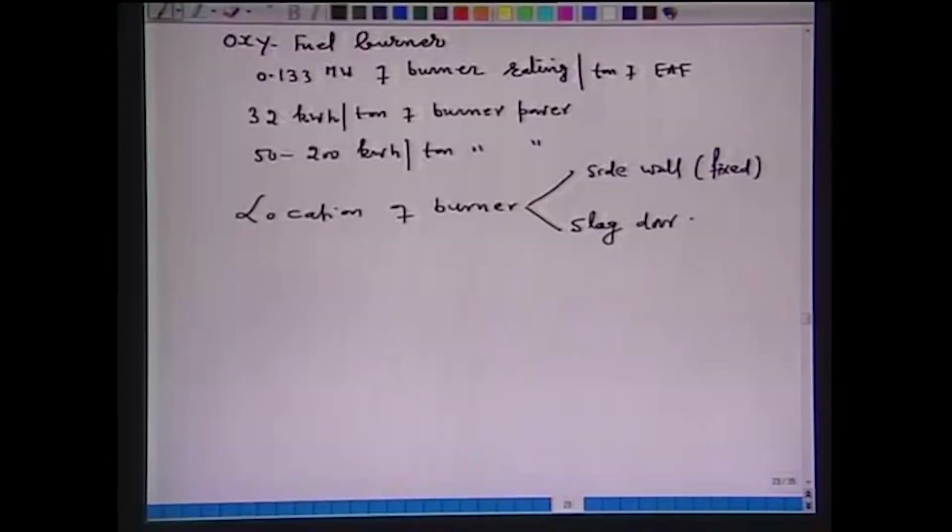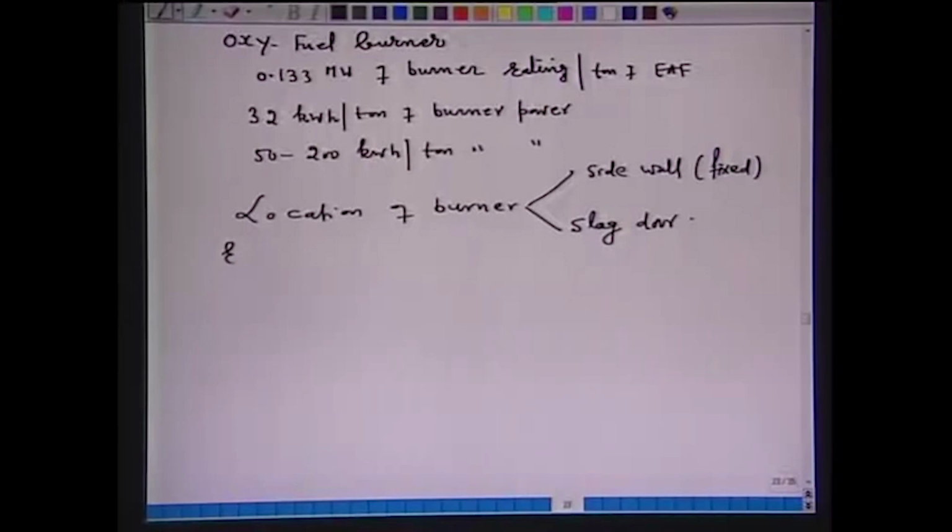Typically, a burner that works in a burner mode as well as oxygen injection mode throughout the melt cycle. Burner mode means you are using the oxy-fuel burner or you are injecting fuel. Once the meltdown period is over, then you go into the oxygen injection mode depending on the requirement of oxygen.